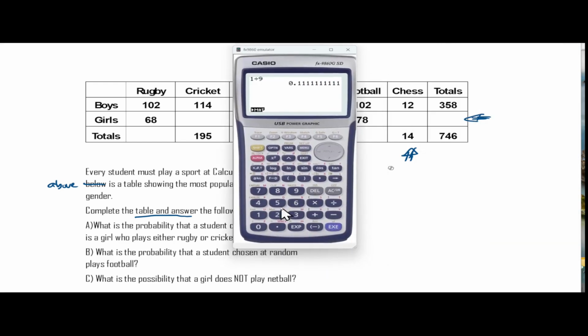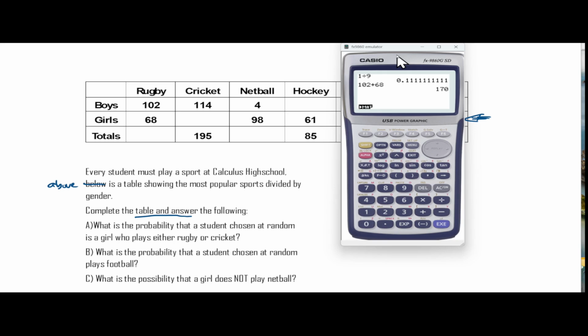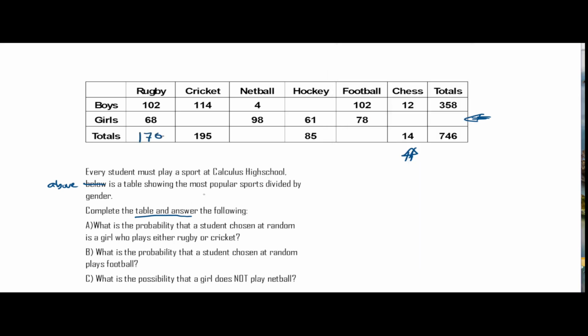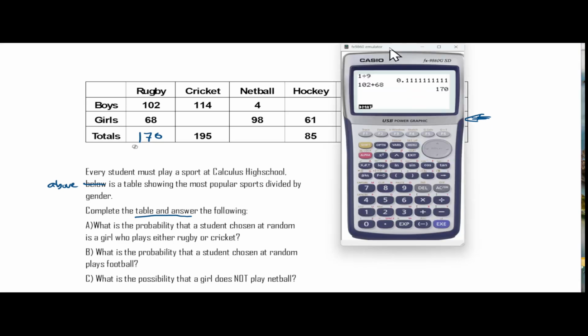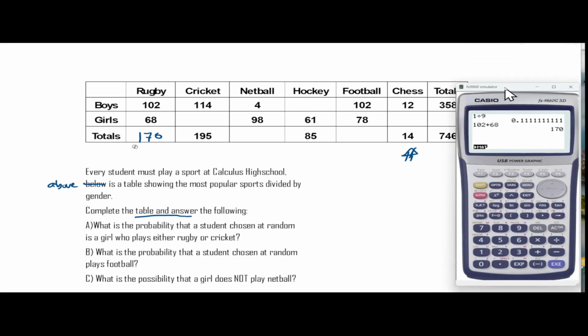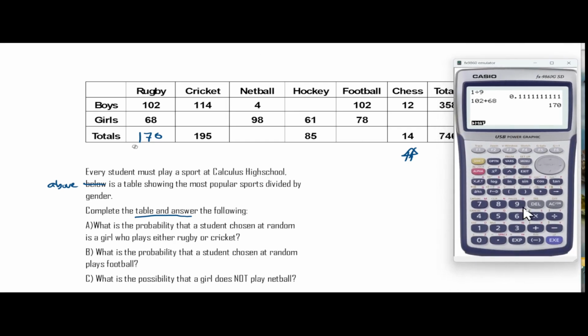Okay, well, let's work it out. So 102 plus 68 is 170. 170 there. It is really annoying that I cannot seem to get this Casio emulator to always be on top, so it's going to sort of disappear.